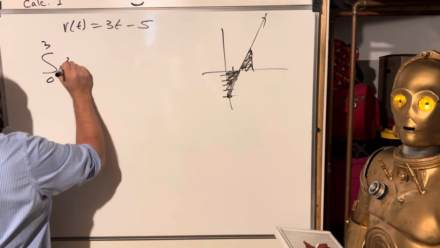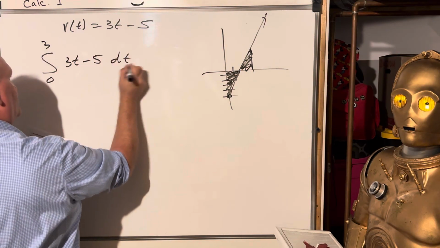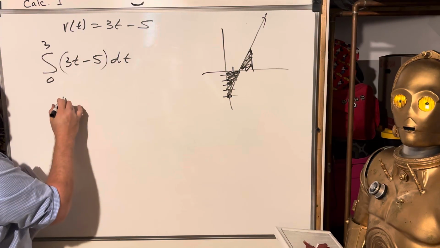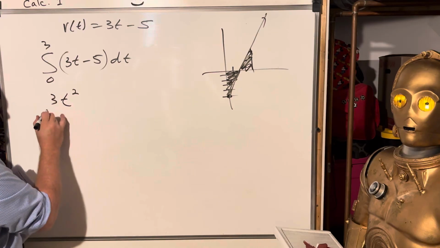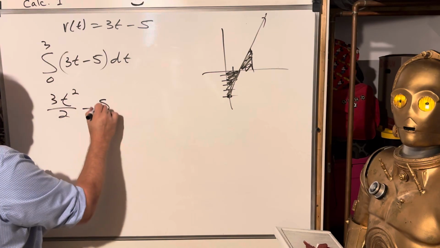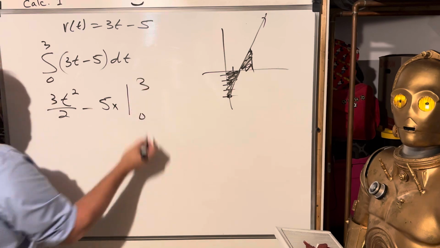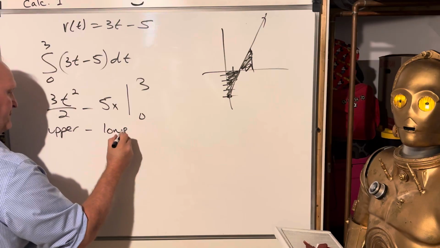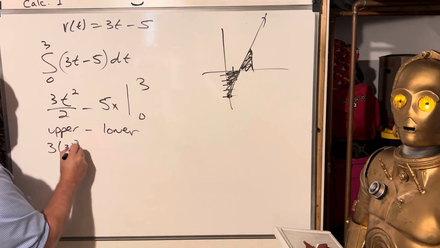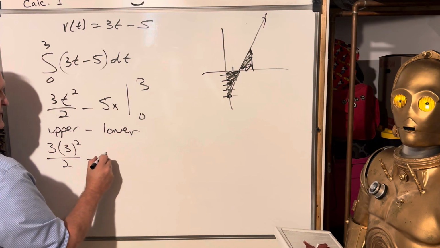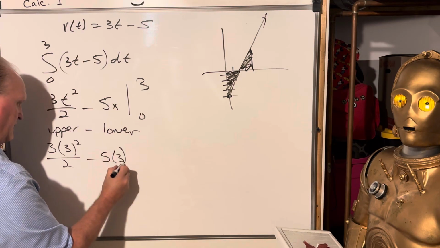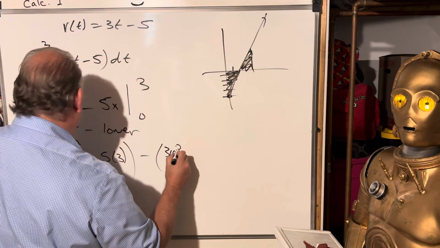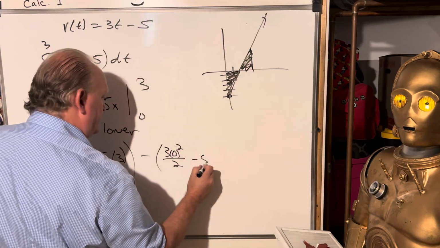From 0 to 3 of 3t minus 5 dt. The antiderivative is 3 times t squared divided by 2, minus 5t, from 0 to 3. And so upper minus lower: 3 times 3 squared divided by 2 minus 5 times 3, minus 3 times 0 squared divided by 2 minus 5 times 0.